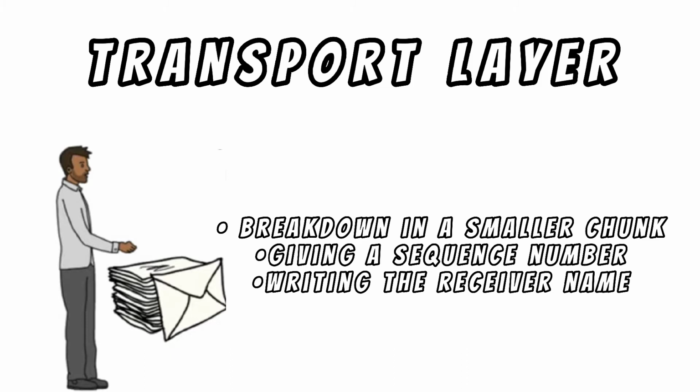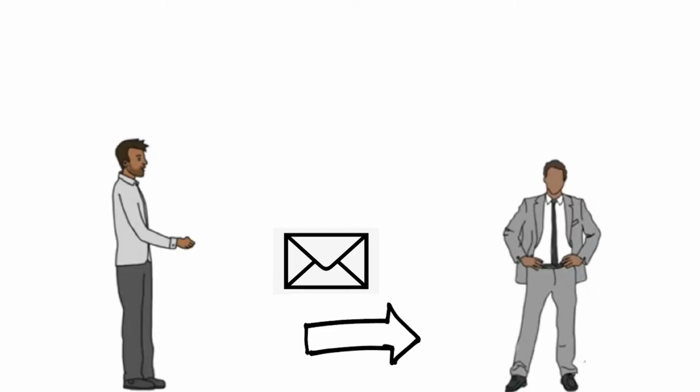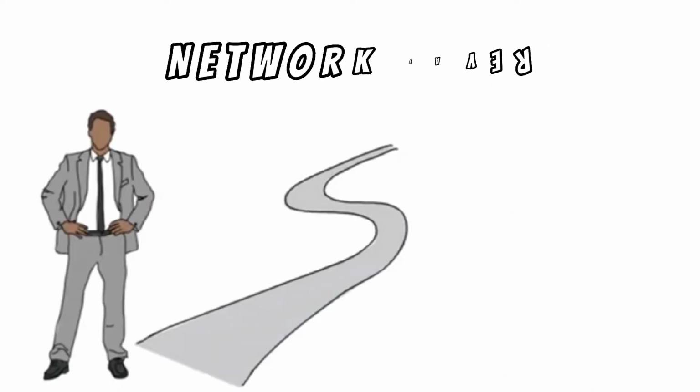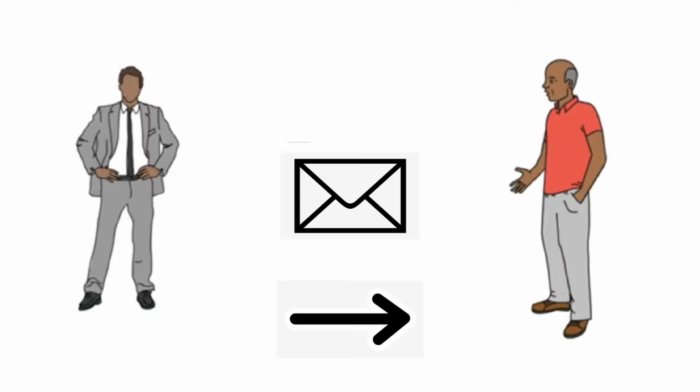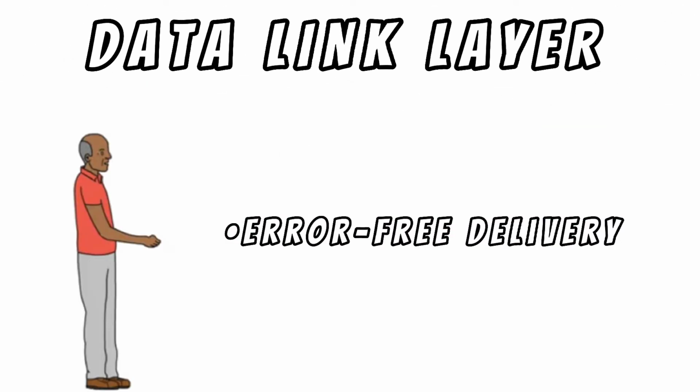After all this pre-processing, the letters are finally moved to the transport officer, so he can decide a mechanism to move this letter out of the Palace. The transport officer will decide the route that should be followed, write down the address of the Spain Palace on the letter, call one of his drivers, tell him the route to follow and pass him the letter. The driver is now responsible for error-free delivery of this letter.